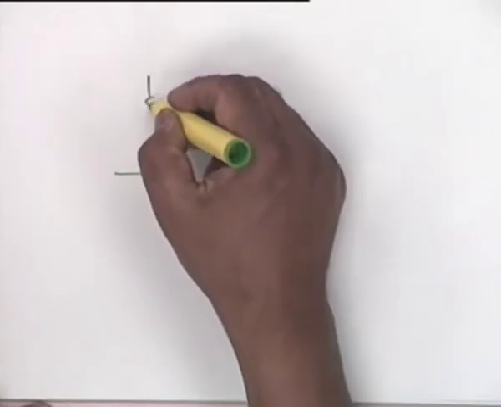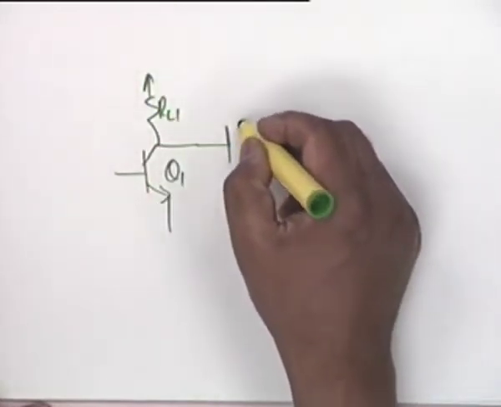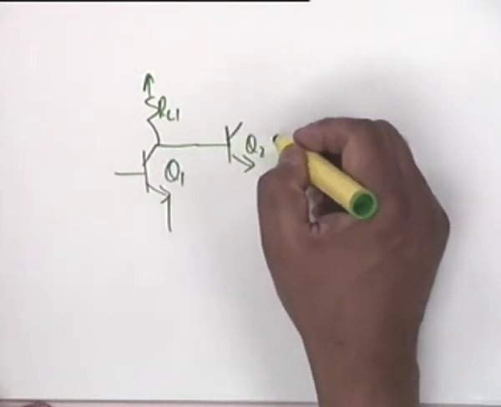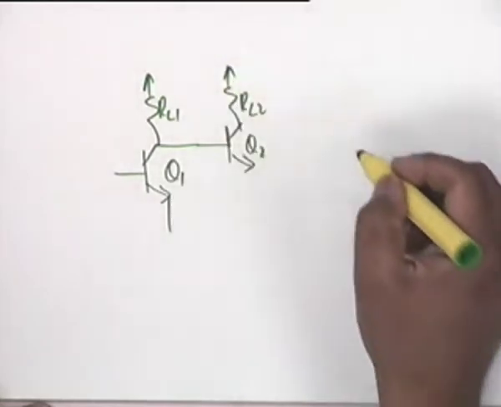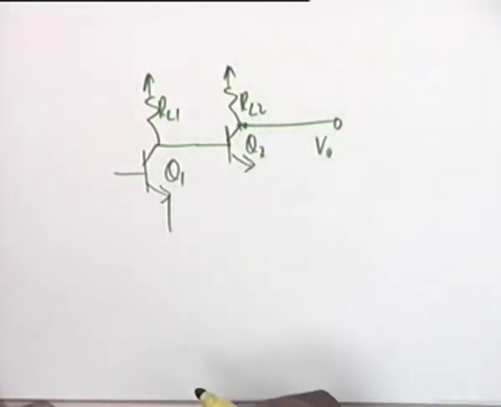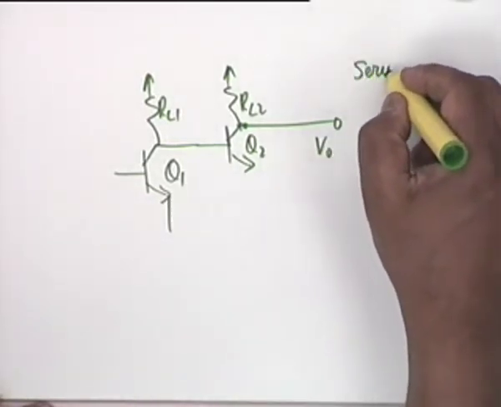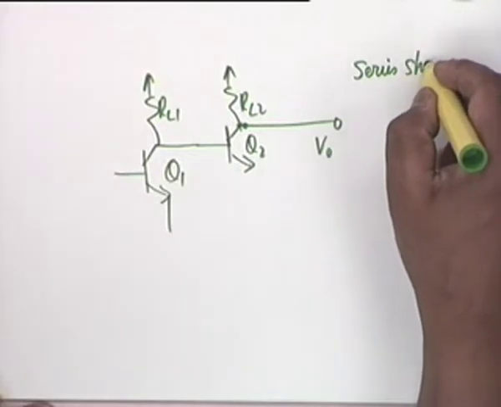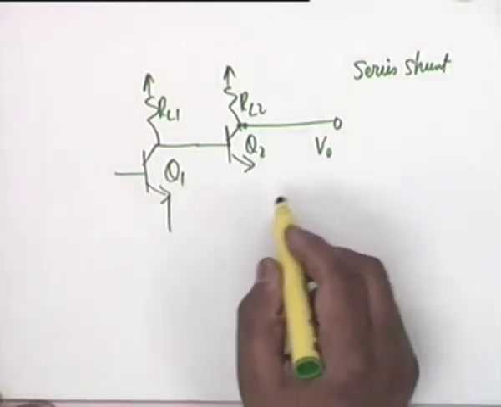Let's see, we have a 2-stage amplifier, let's say. RL1, this goes to the second stage, Q2. I am not showing the other connections intentionally, and this is your output. And suppose you want to make a series shunt, then obviously it's a two-stage amplifier.